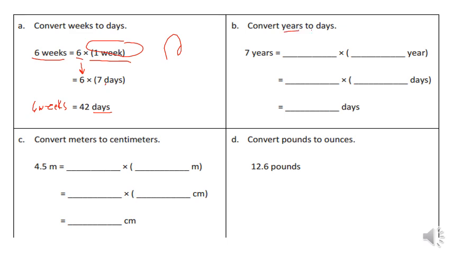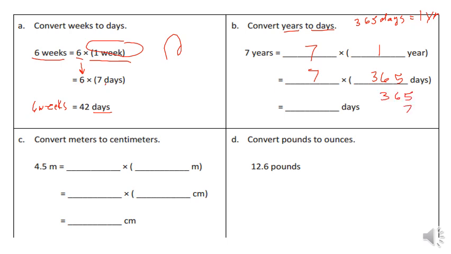On B, it says 7 years, so we're going from years to days. I know there are 365 days in 1 year. So 7 years equals 7 times 1 year, and I replace 1 year with 365 days.